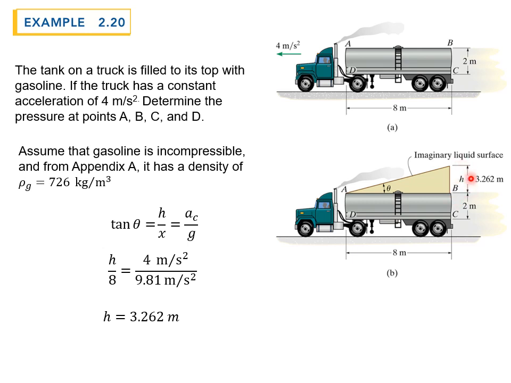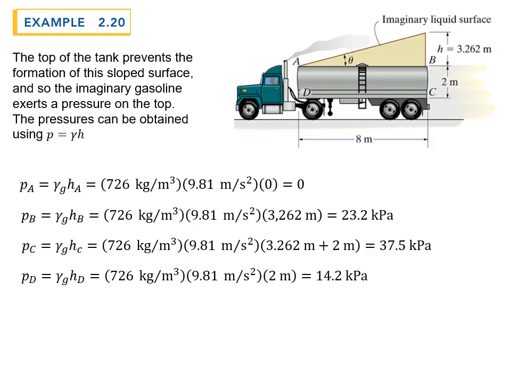Now we can find the different pressures because we can just use pressure equals gamma times h. The height at A is 0, so the pressure at A is 0. The pressure at B is simply gamma times HB, so this is the density times g times the height here, 3.262.